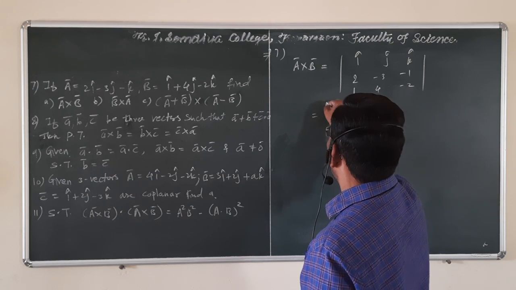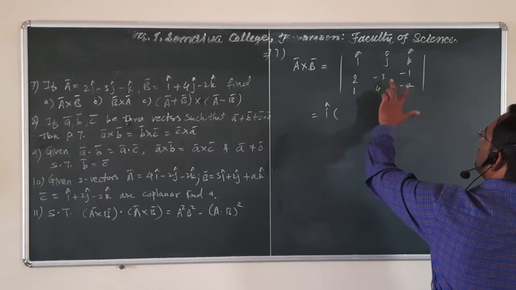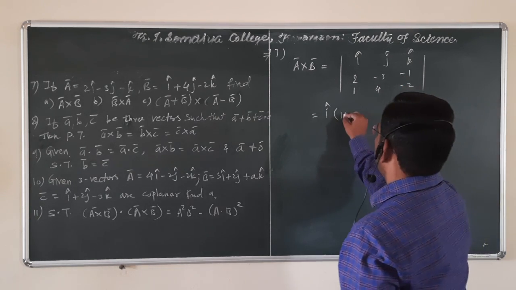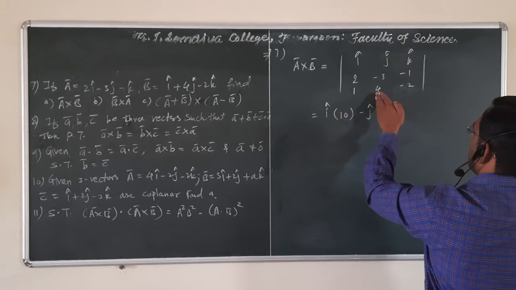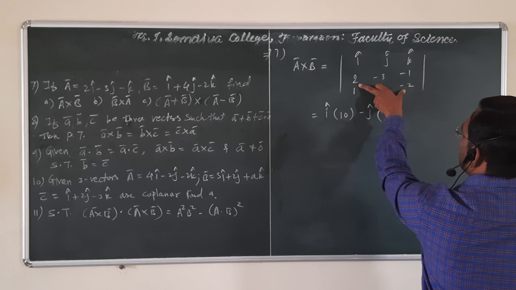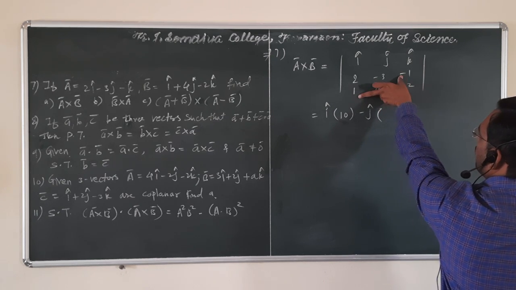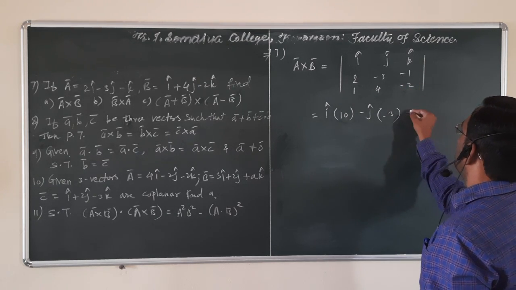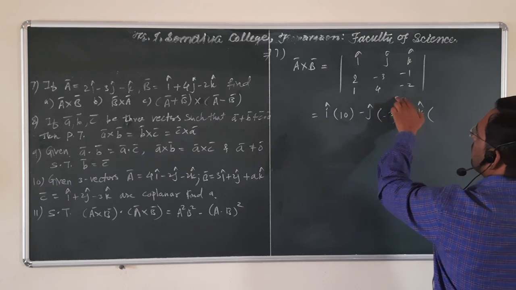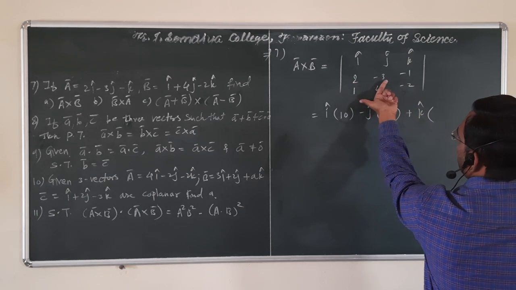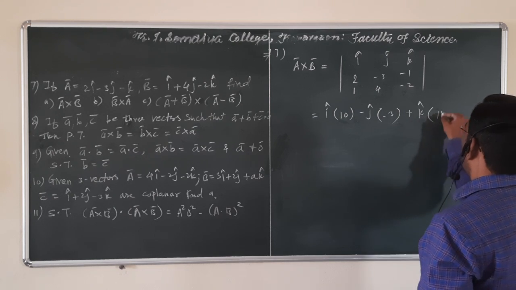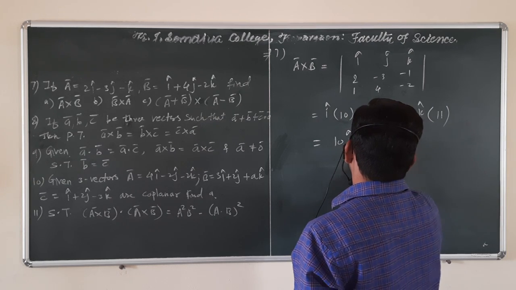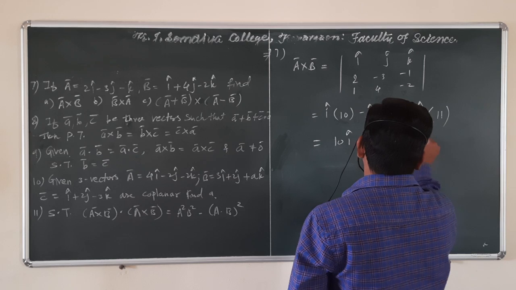So this is i cap into 6, and minus minus plus, which is 10, minus j cap into minus 4 plus 1, so minus 3 minus 4 plus 1, plus k cap into 8 plus 3, which is 11. So A cross B is 10i plus 3j plus 11k.